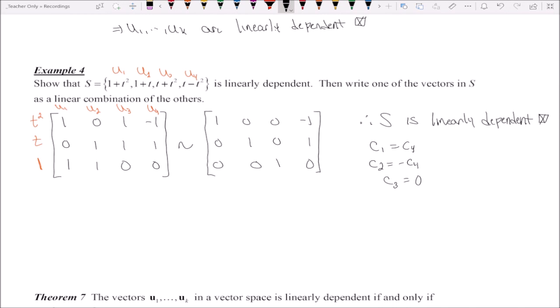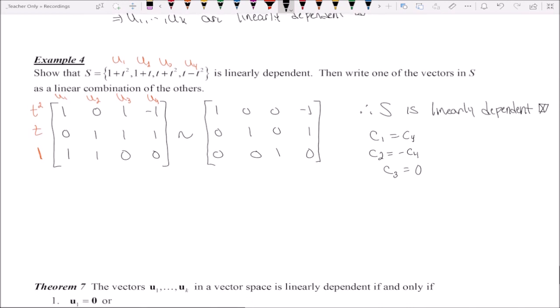Well, if we write this out, right, we get C4U1 minus C4U2 plus C4U4 is equal to 0.